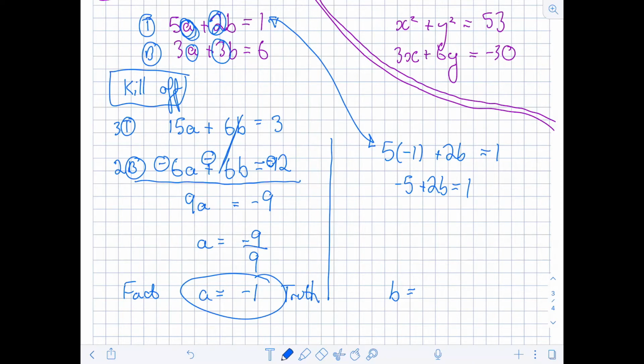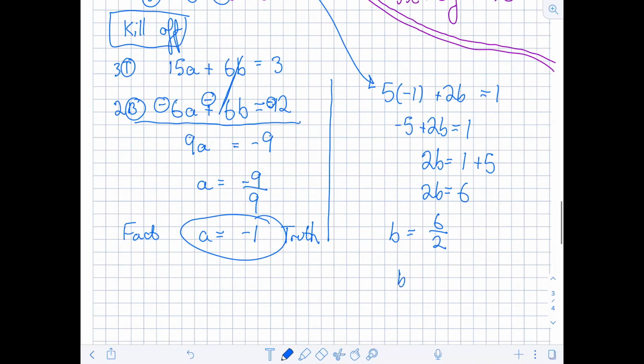-5 plus 2b is equal to 1. So 2b must equal 1 plus 5. So 2b must equal 6. So b by itself must equal 6 over 2. So b must equal 3. So this thing down here, we're just flying through the algebra there, okay? You should be okay with that at this stage. If not, just take your time with it, pause the video, go through each step.